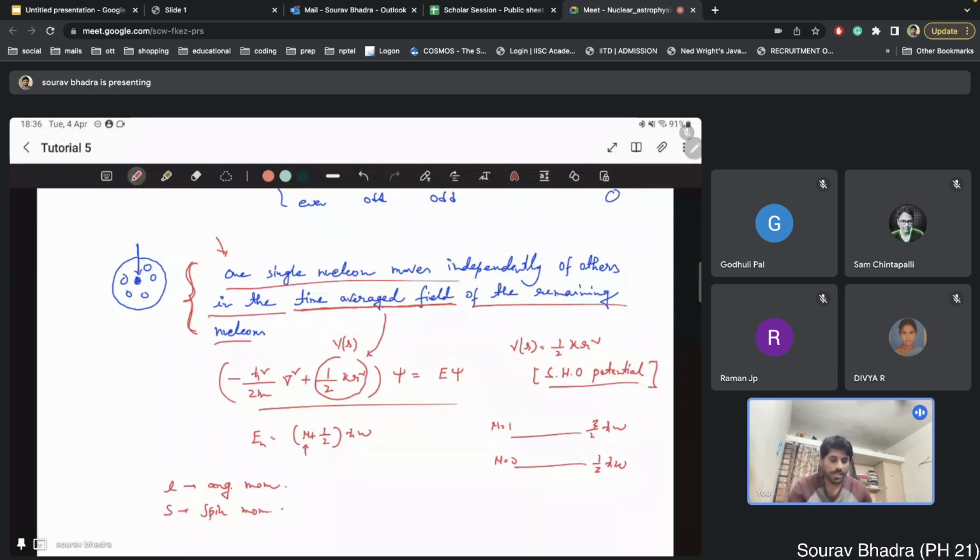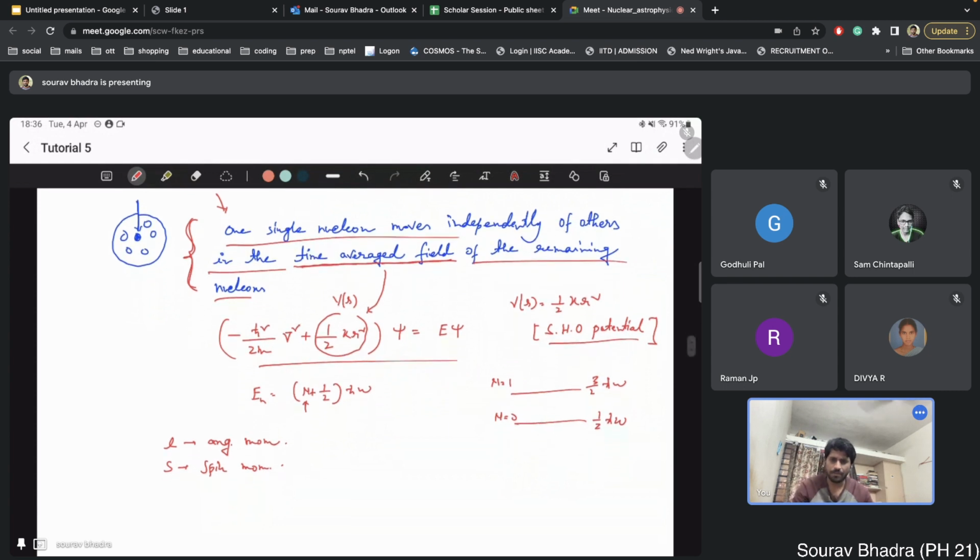These are not exactly the same as the values of L, S, N for the electrons, because that considers an atom, and in the atom we have a strong force centered at the nucleus, but here we are inside the nucleus. So this is quite different from the atomic energy level, but you can draw an analogy between the atomic energy level and the nucleon energy level also.